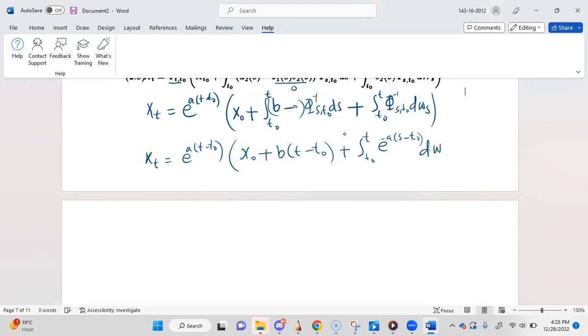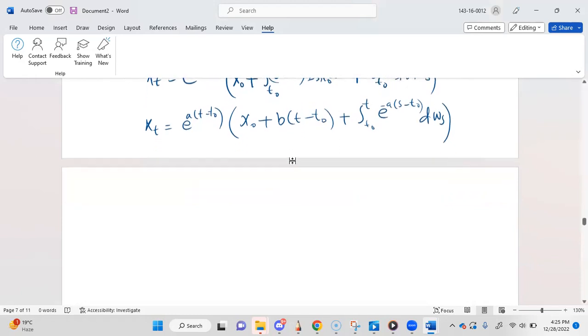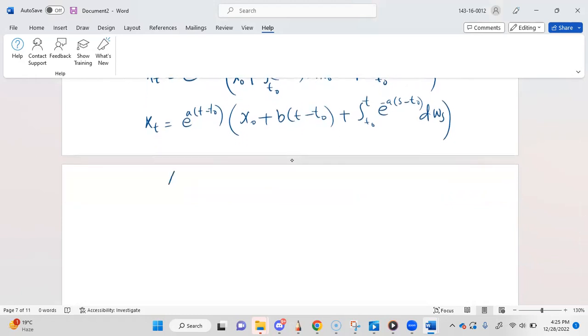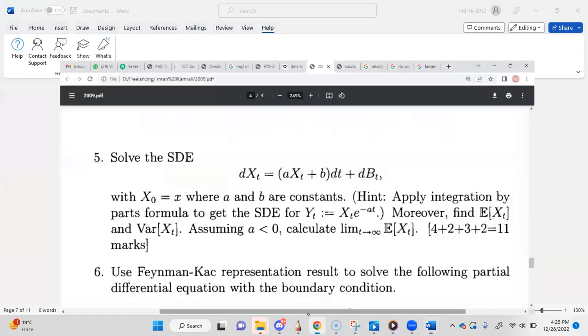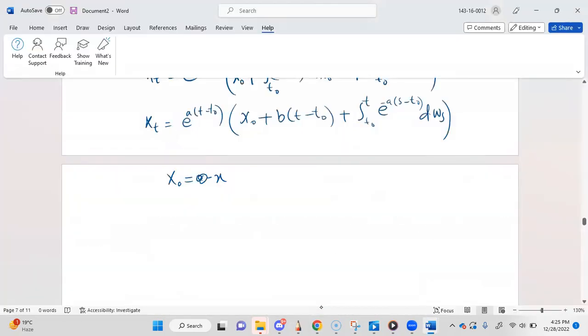You will later on figure out how it is coming. If x naught is x, in our case, what was x naught equal to? Let me show you.